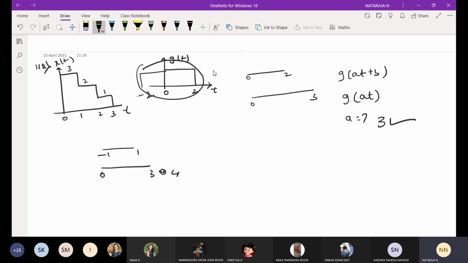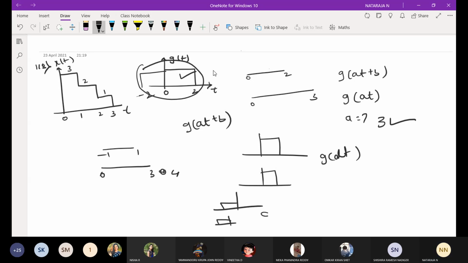We want to move the signal, then only we get it in terms of g of t, no? That time you have to take g of at plus b. If both the signals are on the positive side, only g of at. If both the signals are on the negative side, g of at. No need of shifting. That you have to understand.